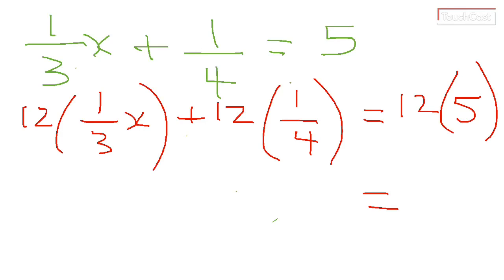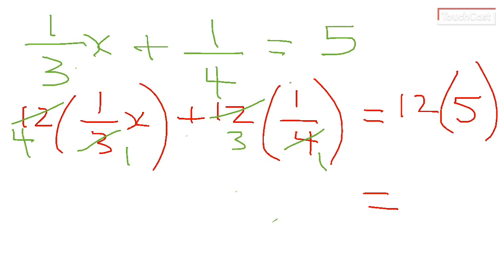I know I'm going to get rid of those denominators, okay? So I know that 3 goes into itself once, so I'm going to cross out the 3 and put a 1, and it goes into 12 4 times, okay? I know that 4 goes into itself once, and it goes into 12 3 times.